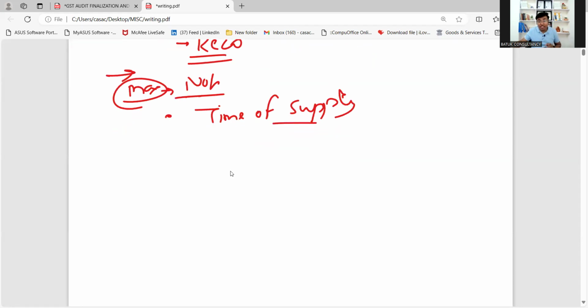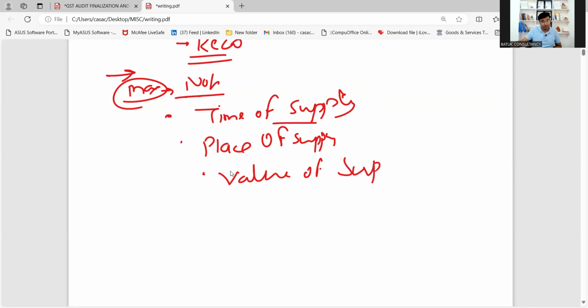Now, this is also a very important segment, that is my time of supply. Also, one base is my place of supply. Another base is my value of supply. At the end, I am going to classify the input tax credit.